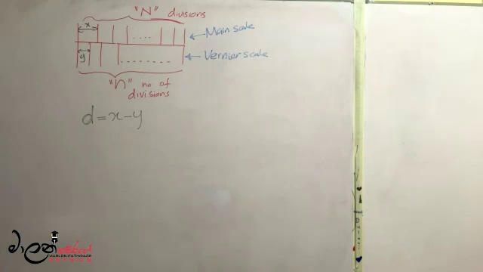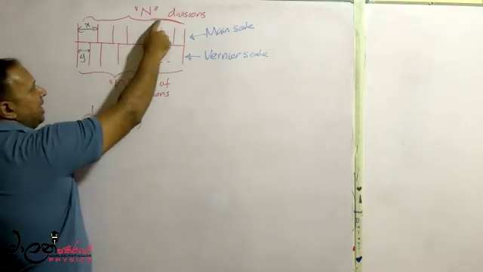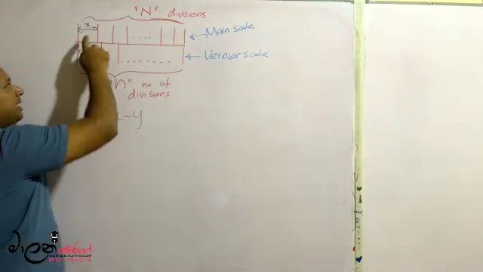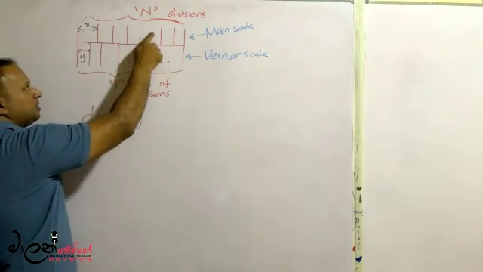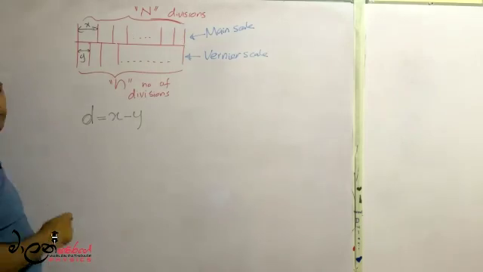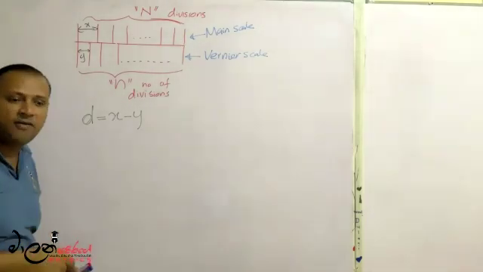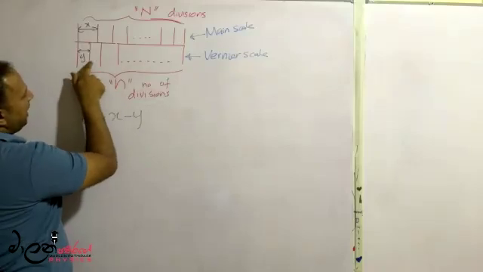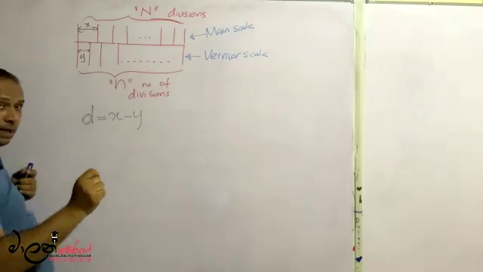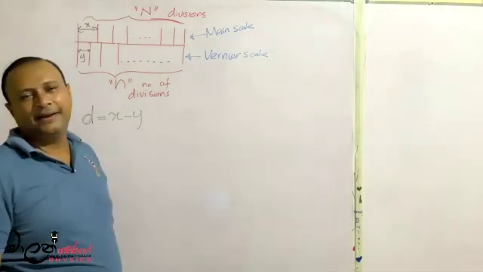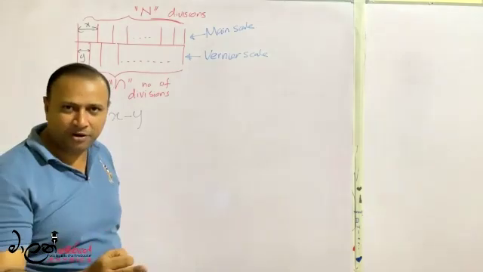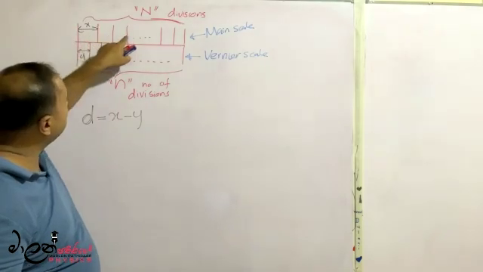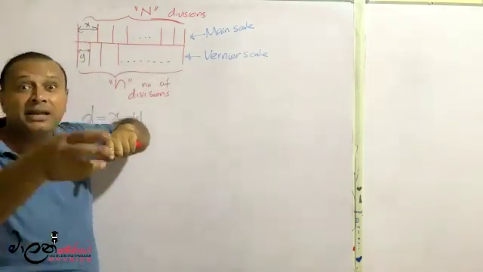All right. Look at this one. As there are capital N divisions, that means there should be capital N number of gaps in the main scale. So that is equal to simple n number of gaps in the vernier scale. Did you get my point? The main scale has capital N number of gaps.